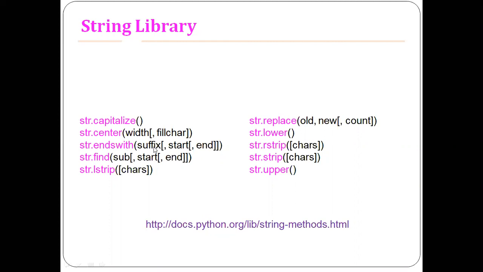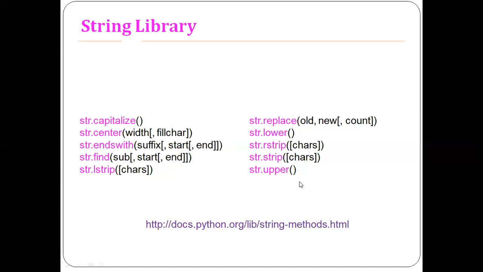Endswith, that is suffix: we're searching whether the string ends with the given suffix or not. And find, that is, find a substring in a given string, starting from this point to this point, whether you have a substring within a given string or not, right? So these are all the library functions which come with the string library.